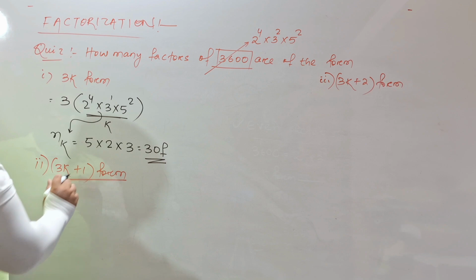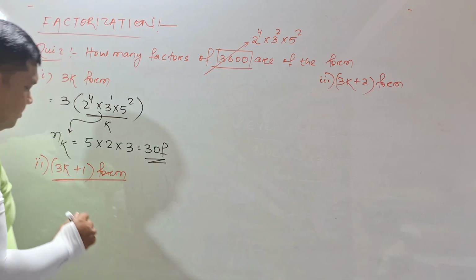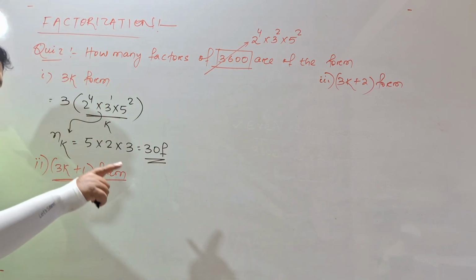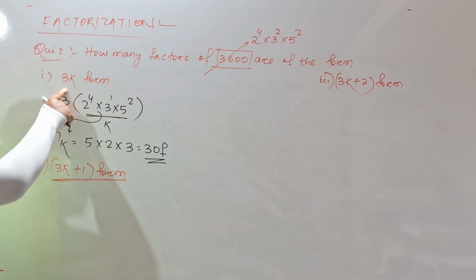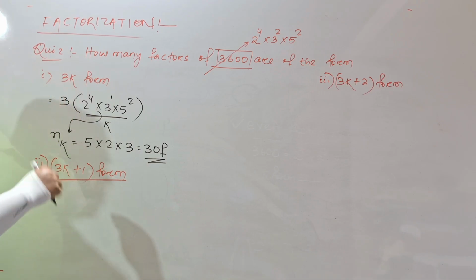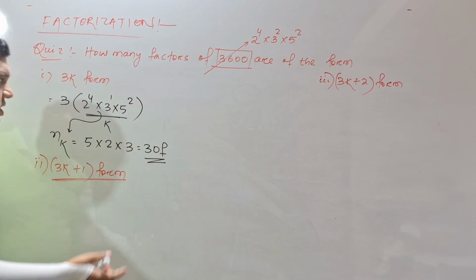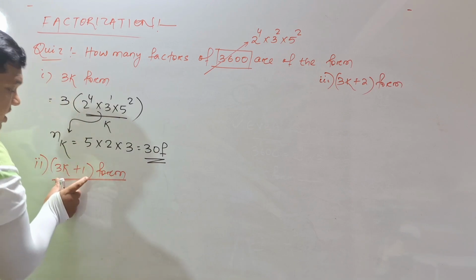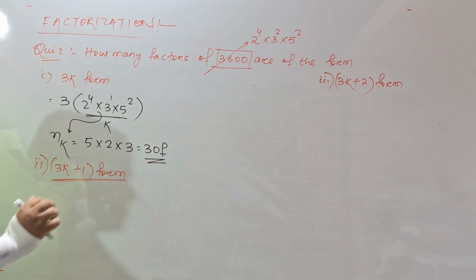So look here, 3k plus 1 form, what does it mean? 3k means divisible by 3, and whatever factor you select here is divisible by 3. All the combinations are divisible by 3. But 3k plus 1 means the factors are not divisible by 3.